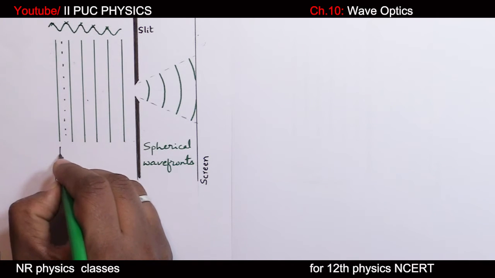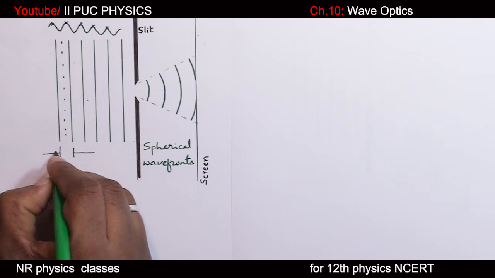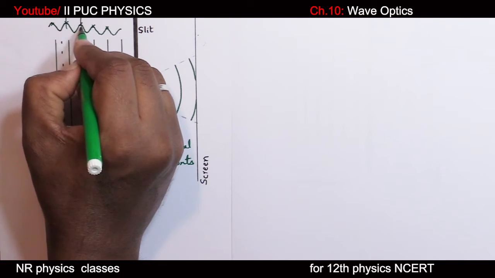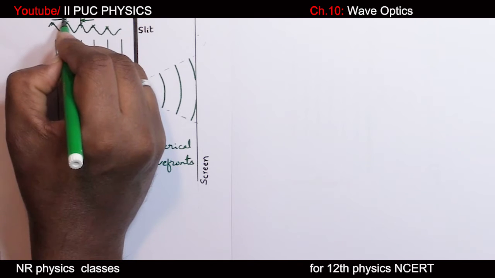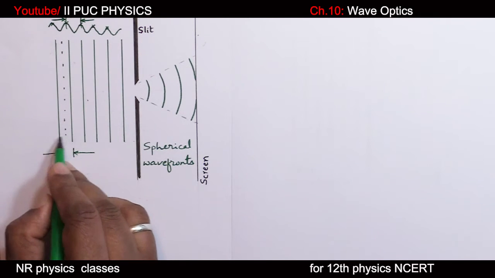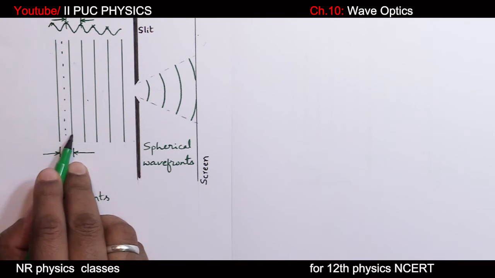Students, what is the distance between adjacent crests in a wave? The distance between adjacent crests is the wavelength, isn't it? So this is lambda. So here the distance between adjacent wavefronts is lambda, provided it is smooth and smooth line.